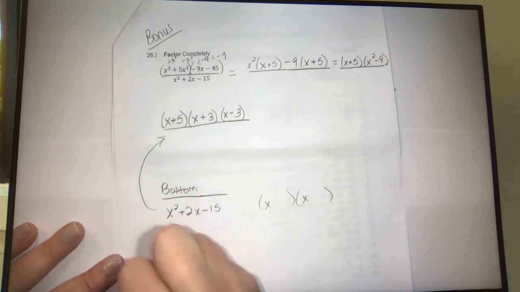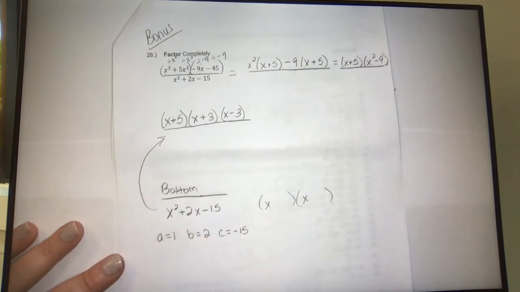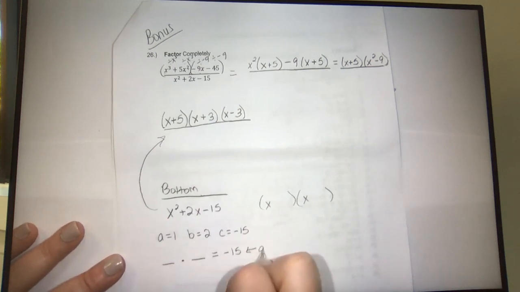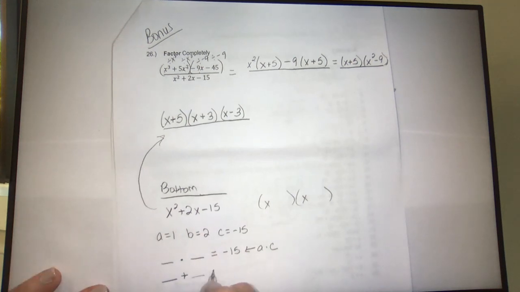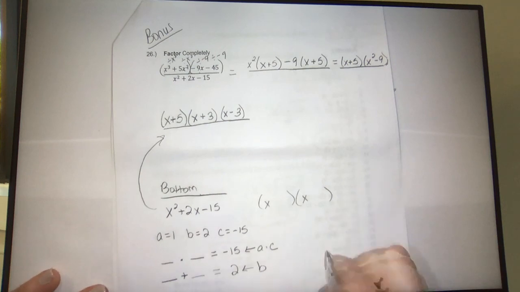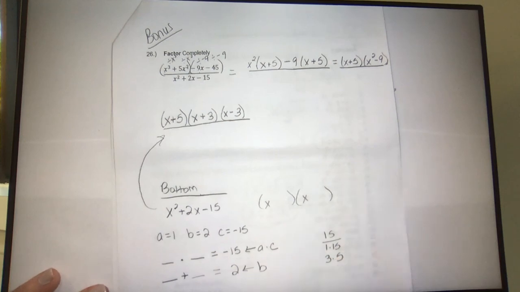My a is 1, my b is 2, my c is -15. I need 2 numbers that multiply together to give me -15, so somebody's going to be positive, somebody's going to be negative. The same 2 numbers have to add together to give me 2. Well, let's think of 15. There's only 2 choices.